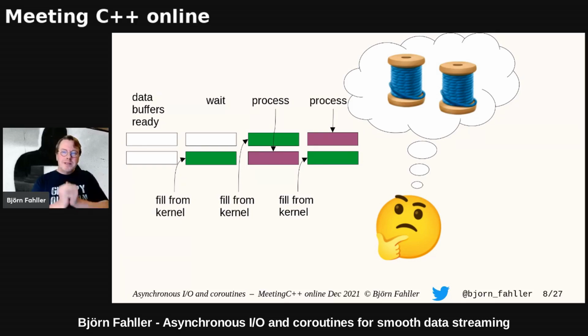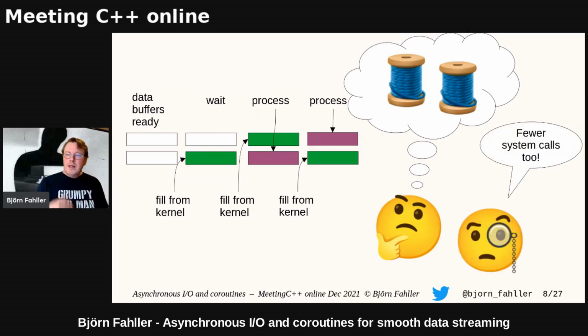But we essentially have two threads here now. So the kernel can fill in data to one of the data areas while our process is working with the previous one that was filled in. So this is nice, and it actually gives us fewer system calls too, which can be important.